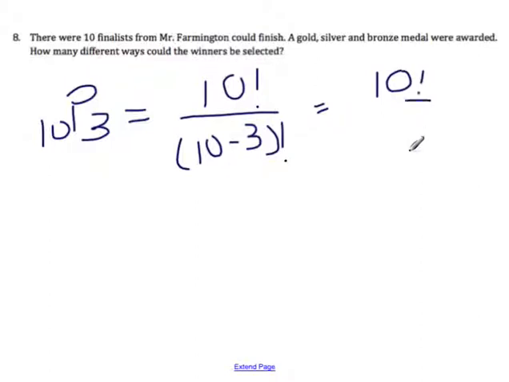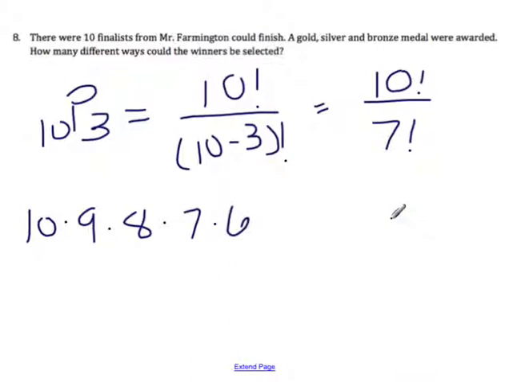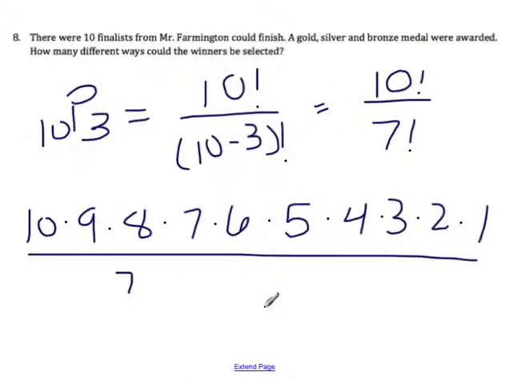divided by 7 factorial. So let's go ahead and write that out. So on top we have 10 times 9 times 8 times 7 times 6 times 5 times 4 times 3 times 2 times 1. Then on the bottom I have 7 times 6 times 5 times 4 times 3 times 2 times 1.